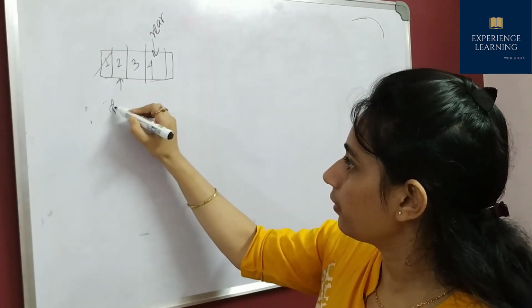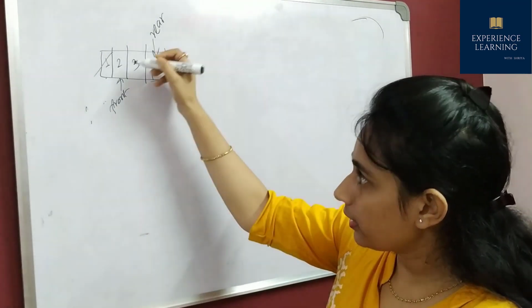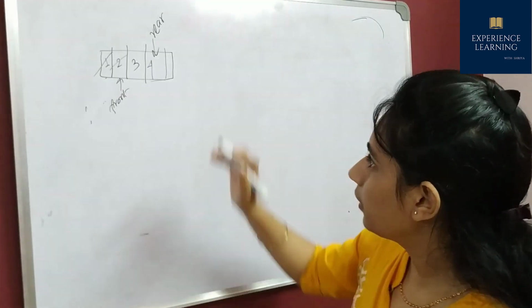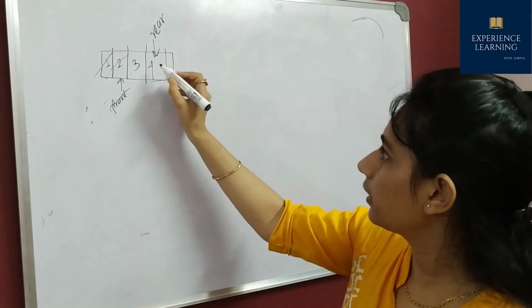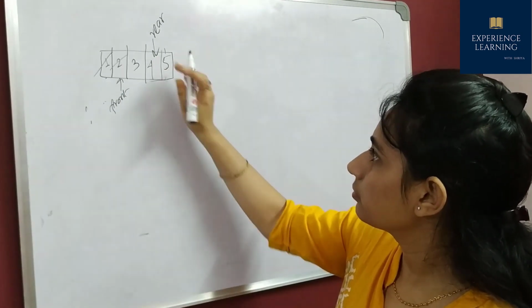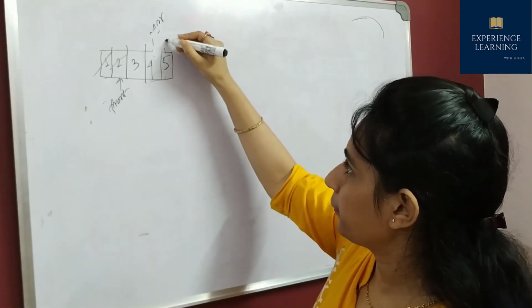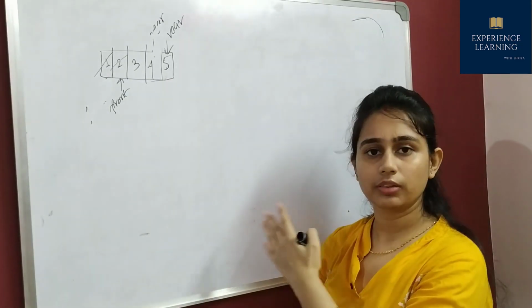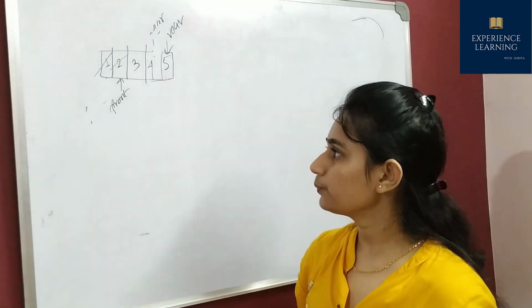Now front is here. Then 2 will be deleted, and the front will be incremented again. And when you want to insert another data, say 5, rear is now here. So this is the basic concept of the queue data structure.